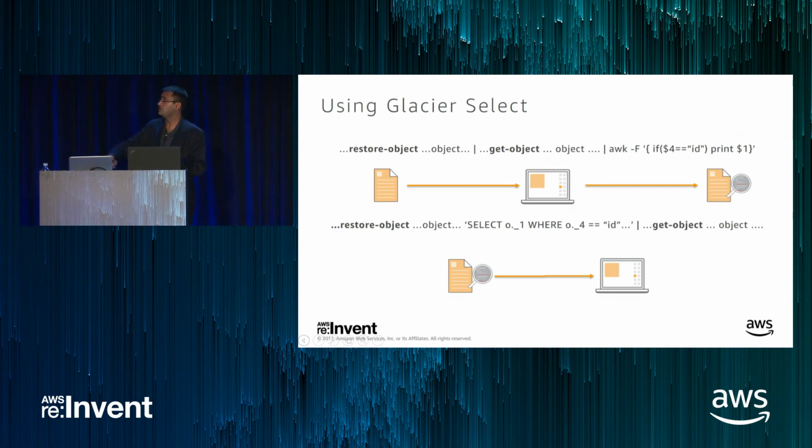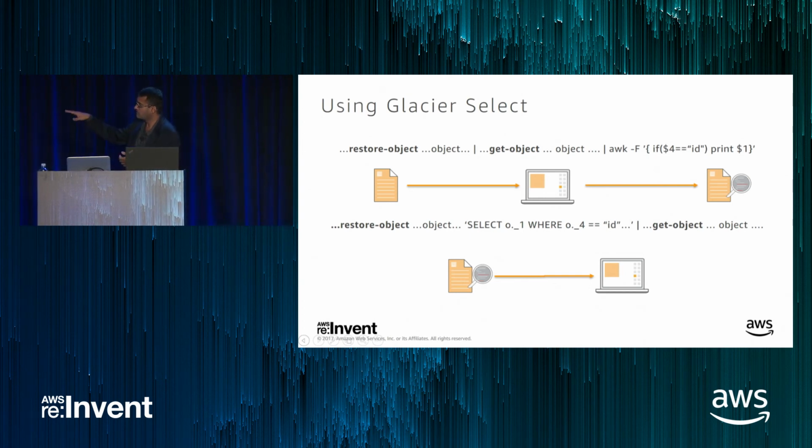You would then have to call get object in S3, and load it into an EC2 or an EMR cluster or something, run it there, and get your results back. So it's a lot of steps and a lot of cost. You have to pay for the restore cost. You have to pay for the compute cost.